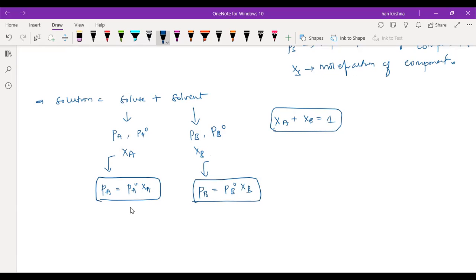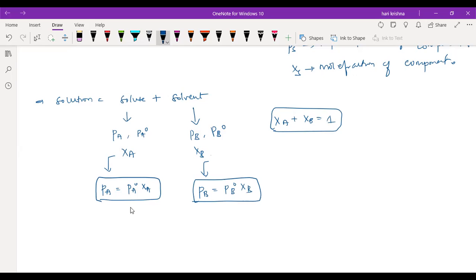Understand or not? PA equal to PA naught XA, PB equal to PB naught XB.